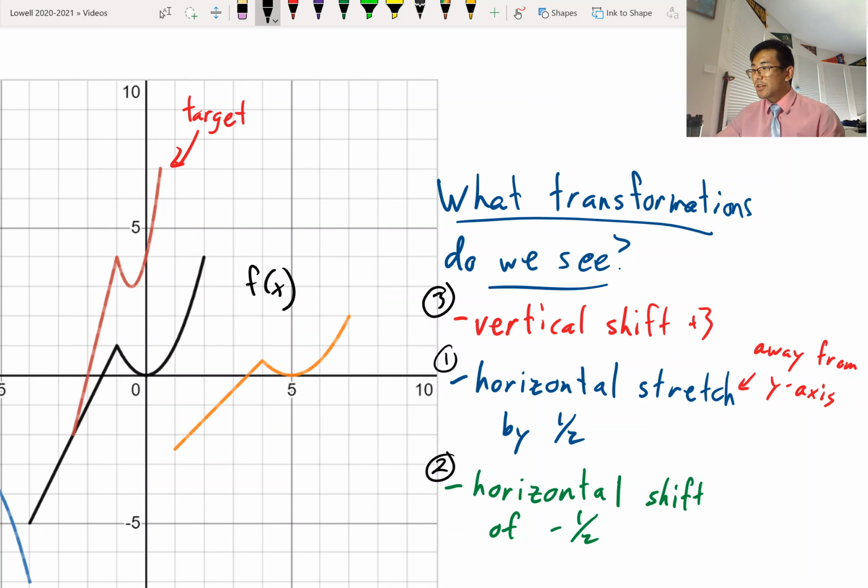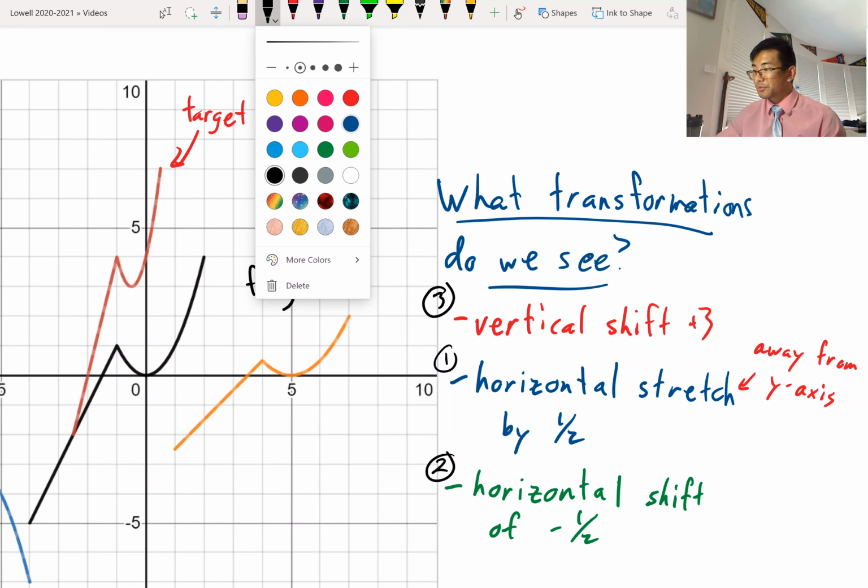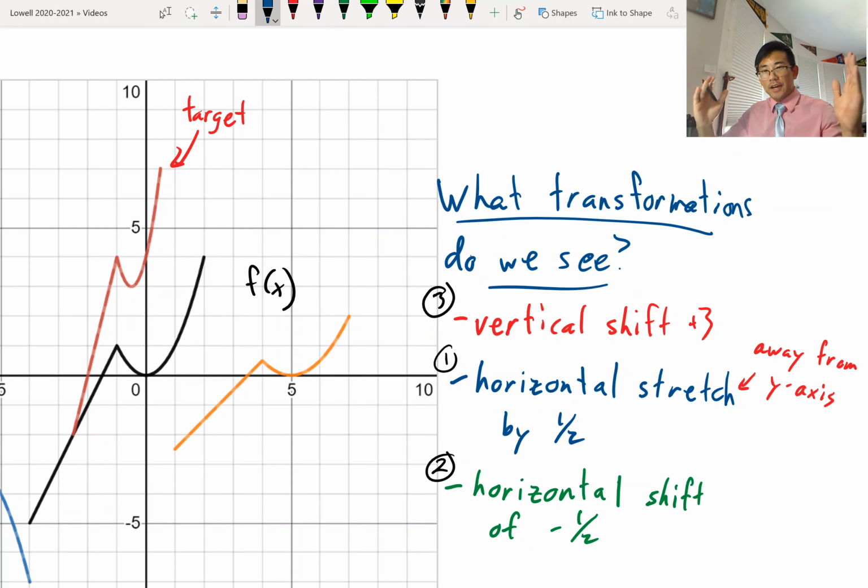Okay. So the first part, the horizontal stretch, which we'll do in blue, lets you stretch everything by 1/2. So that just squishes everything inward. This goes right here. Since the vertex is already on the y-axis, it doesn't go anywhere. And this part is going to go right there. Again, cut every x-coordinate in half. Like so. Okay.